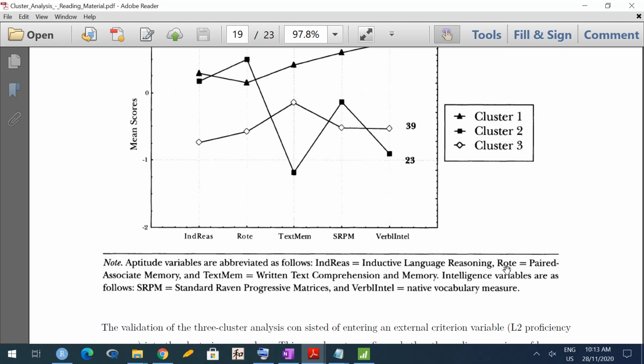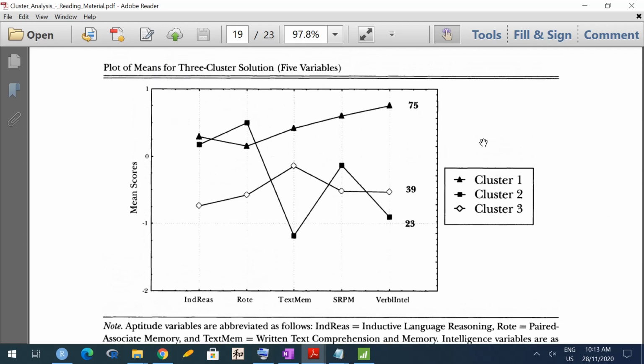So inductive reasoning, rote memory, text memory, etc. Okay, and cluster 1 is supposedly consisting of those students who were pretty good in all these linguistic tests. Okay, so they had good intelligence and good linguistic intelligence. So you can see they have high scores in almost everything except rote memory.